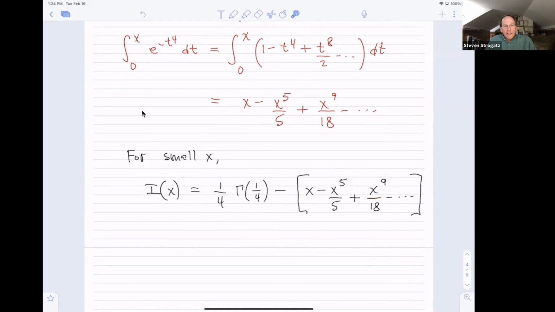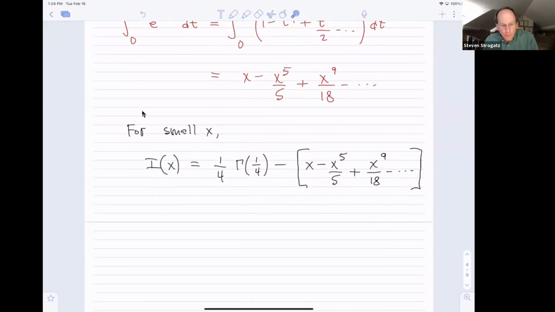This is a terrible way to calculate I at 10, because you would have to take an enormous number of terms in order to get the factorials in the denominator built up enough that you could get decent convergence. So this is a super slowly converging series, and it's terrible for making good approximations. So convergent but useless.